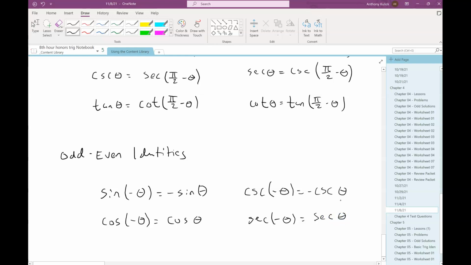So secant of negative theta is equal to secant theta. And lastly, remember when we talked about tangent, that was also an odd function. So we can say the same thing about tangent that we did for sine. And if it's true for tangent, it's got to be true for cotangent.